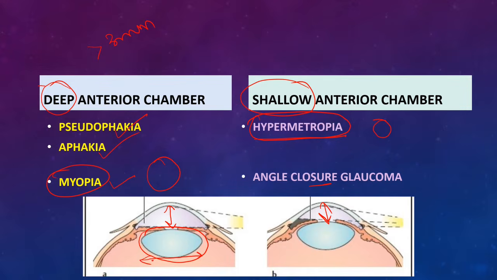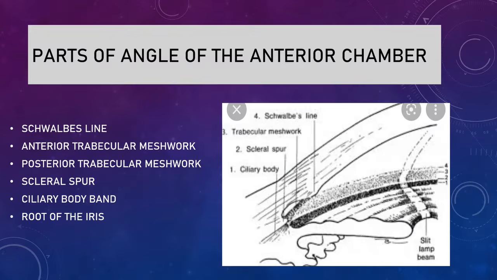Since the intraocular lens is much flatter compared to our natural lens, the anterior chamber becomes deeper because this fat lens is removed from the equation. Whereas in angle closure glaucoma, most cases are associated with hypermetropia, and that is why they have a crowded and shallow anterior chamber.